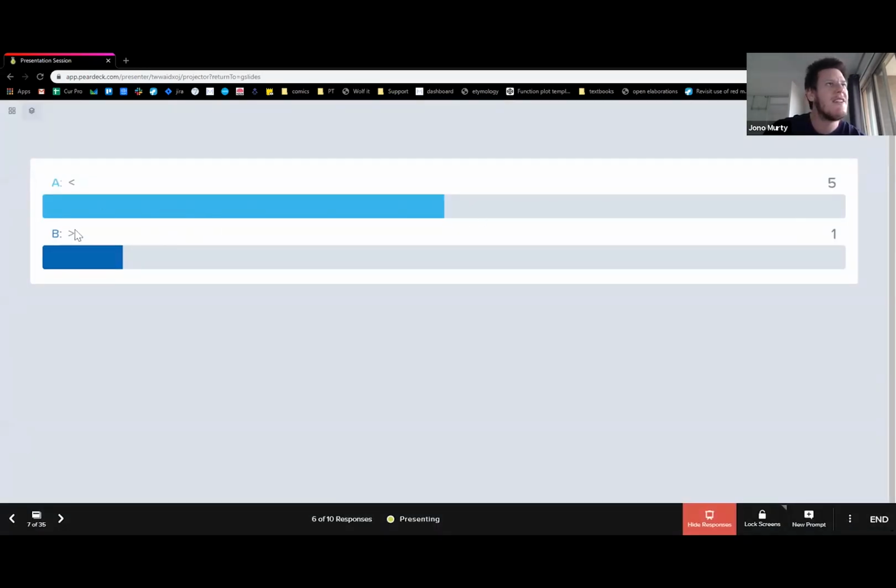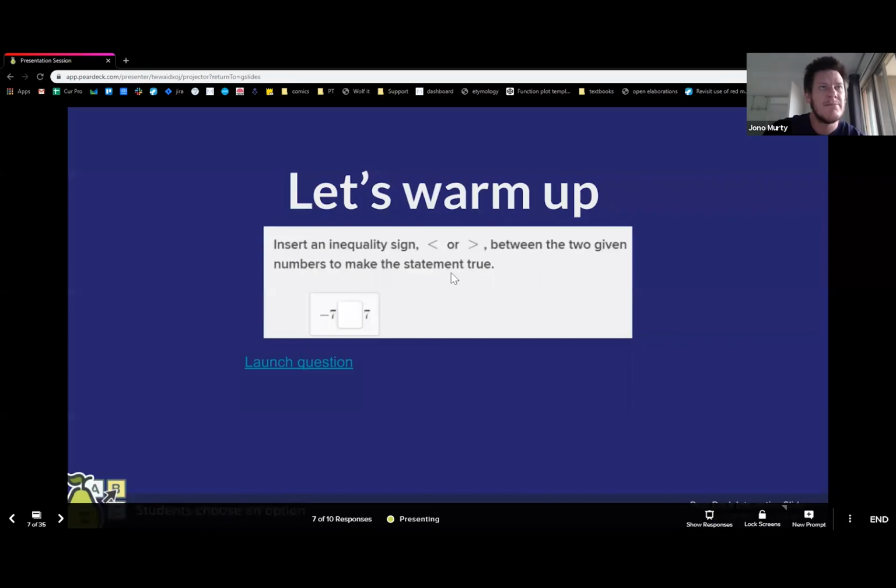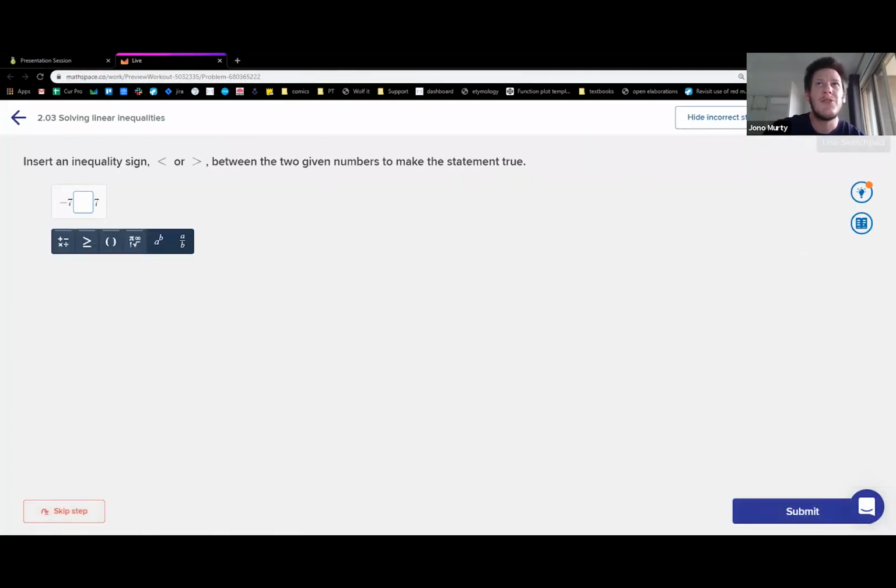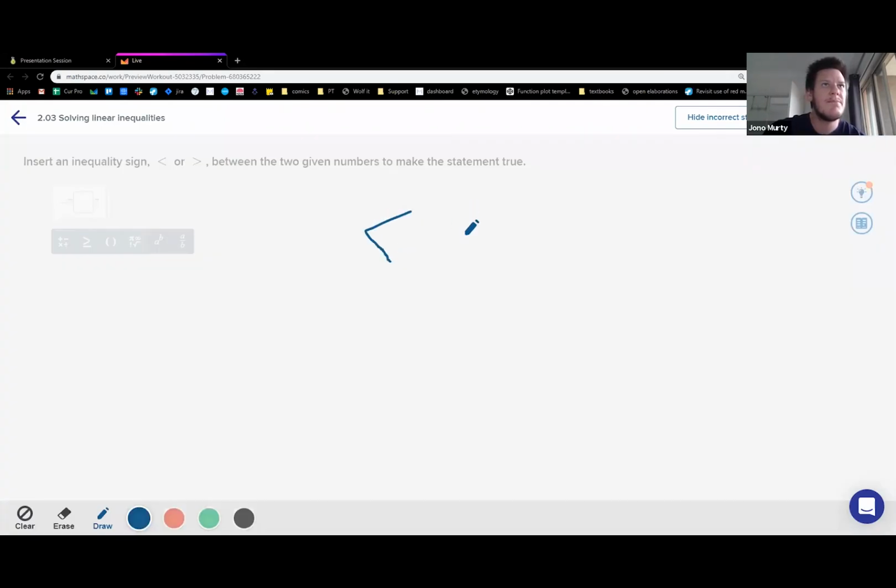One person went for the greater than. I saw one other person quickly changed their answer as well. All right, so in this case, let's just quickly launch this one. So we have two symbols. This one, which is less than, and obviously the other one is greater than.